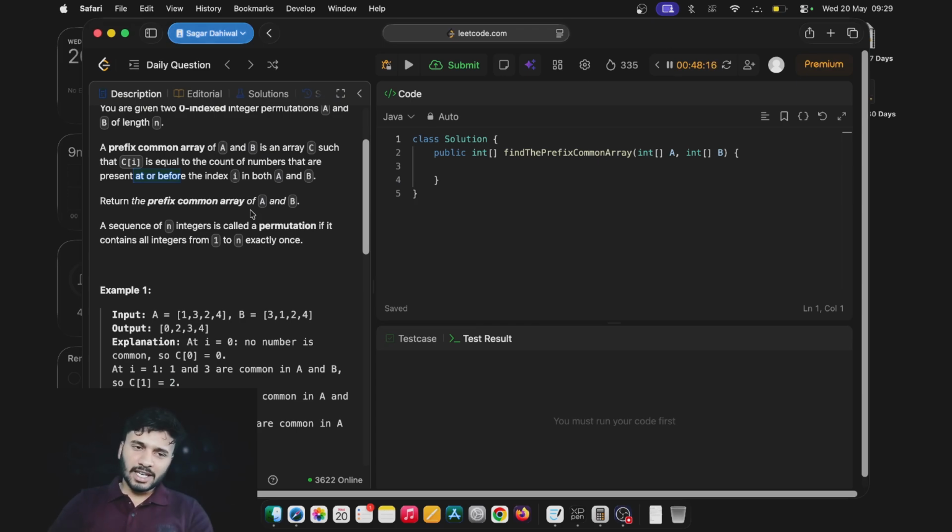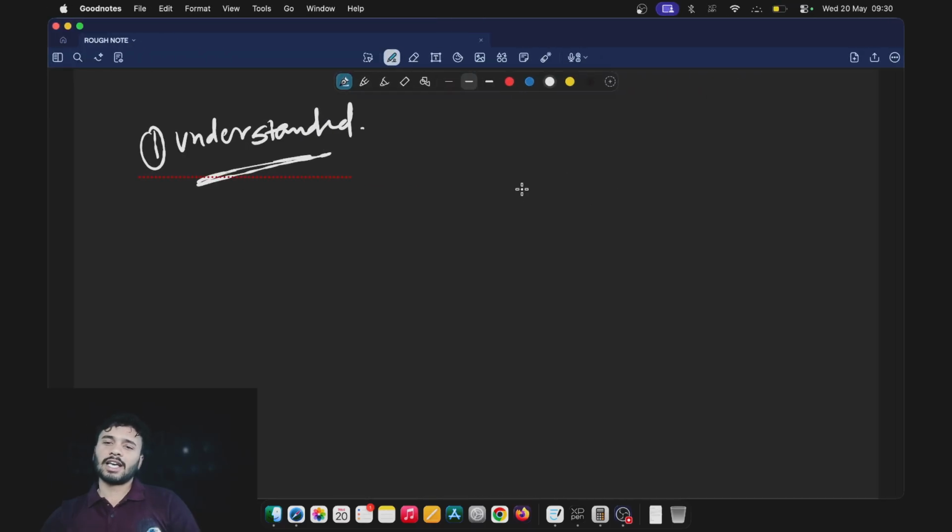At every index, we just need to check how many elements are common, before or at the index, in both arrays. That's the simple question. Now, how can we figure out, at every index I, how many elements are common in both arrays? So we need some sort of technique that will check how many are common in both.